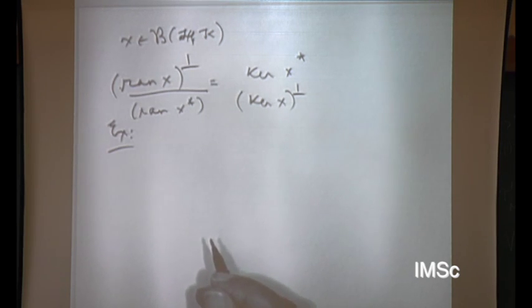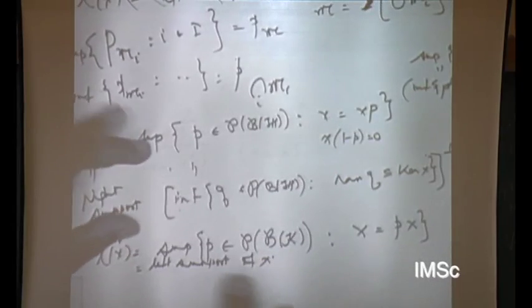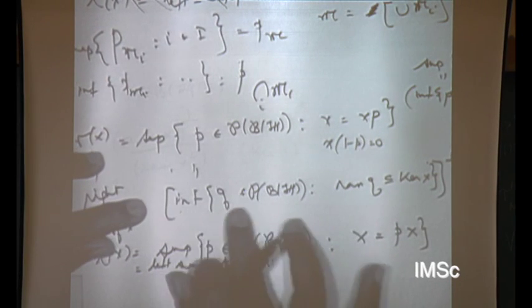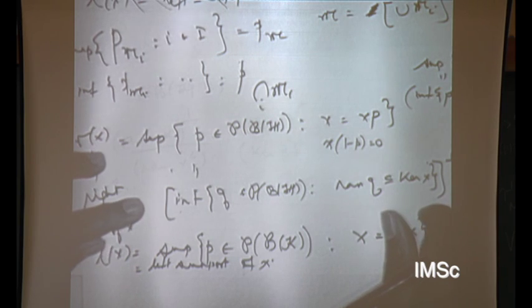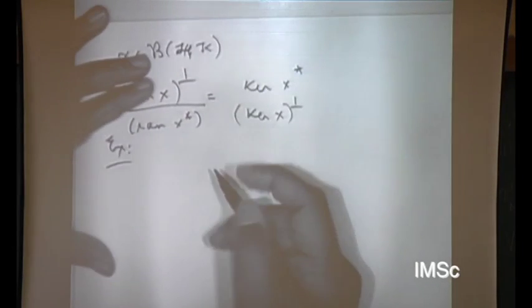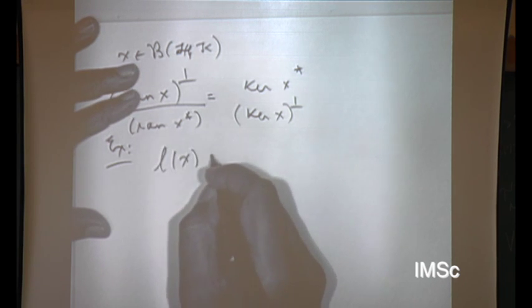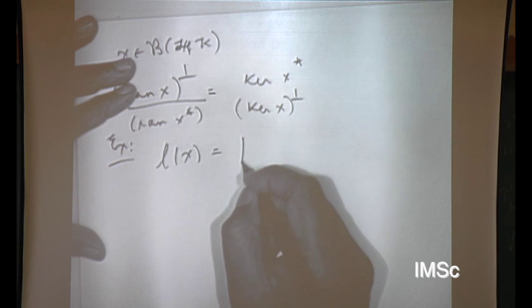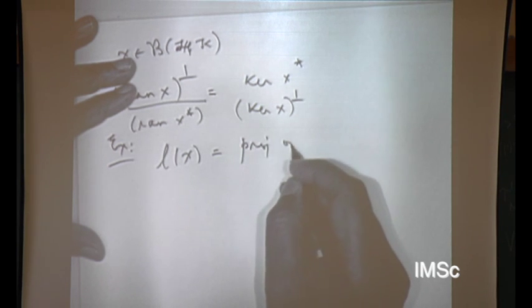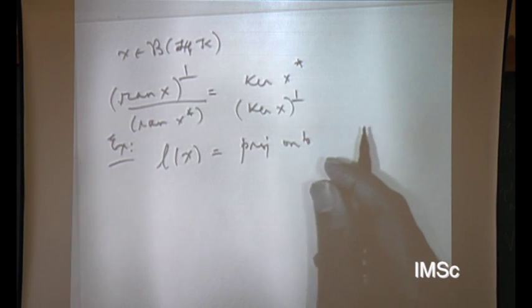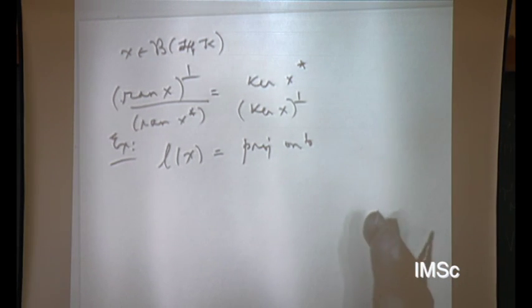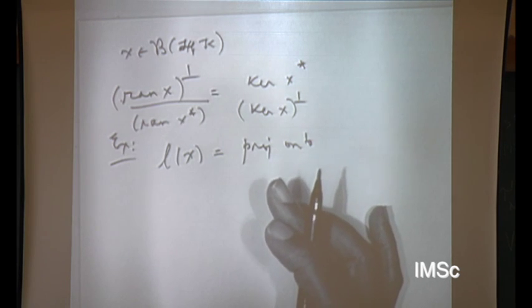Okay. So the exercise for you is, look at this description of the right support as the inf of something perp, and similarly you write the other thing, and from that you will be able to deduce that the left support of x is the smallest projection such that you can multiply x on the left without changing anything.